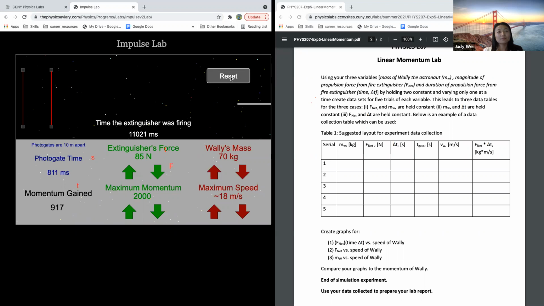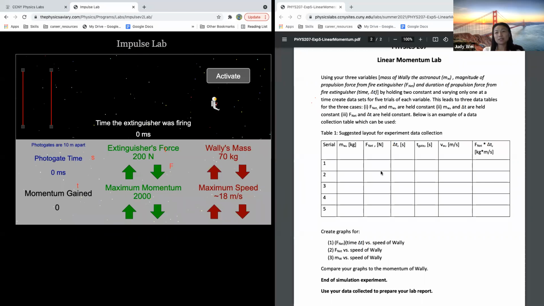So I would recommend you start from the highest force and decrease. Otherwise, the first one we have a 13 second, now the maximum is 11 second, so it doesn't work. So we're gonna start from the highest extinguisher force. So then we can record the time.